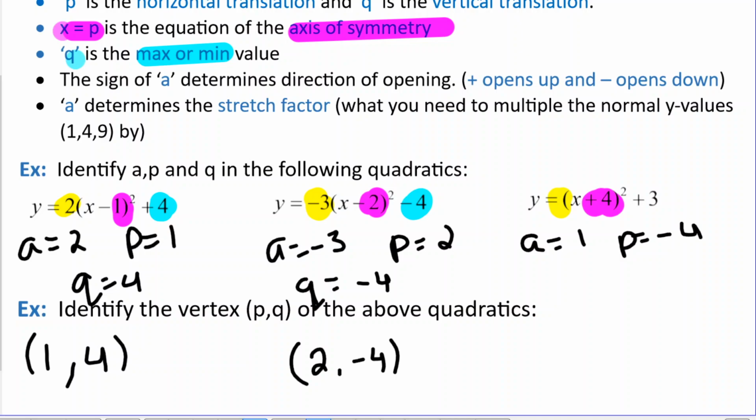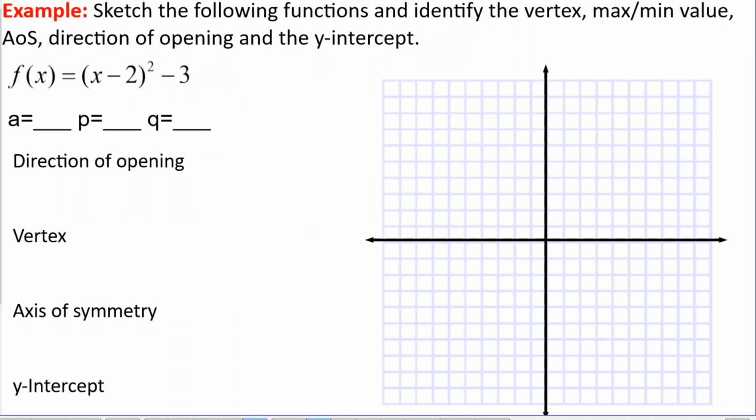Right? Or again, that idea that we switch the signs. So p is actually negative 4 in this case. And q, plus 3 on the end, so q is positive 3. So our vertex here is (negative 4, positive 3). And this graph opens up as well.